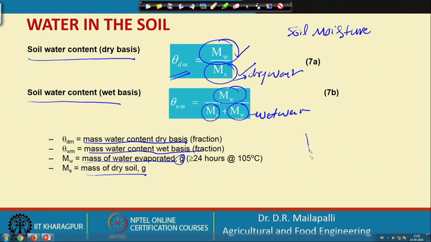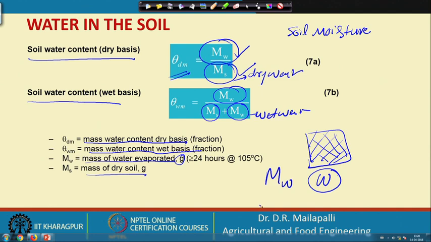Suppose you have taken a wet soil sample from the field. Find out that weight. That will give you the total mass, Mw plus Ms. If you take a soil sample directly from the field, it contains the mass of solids and the mass of water.